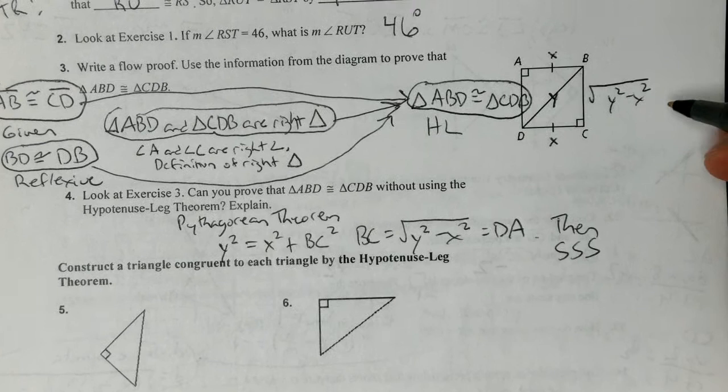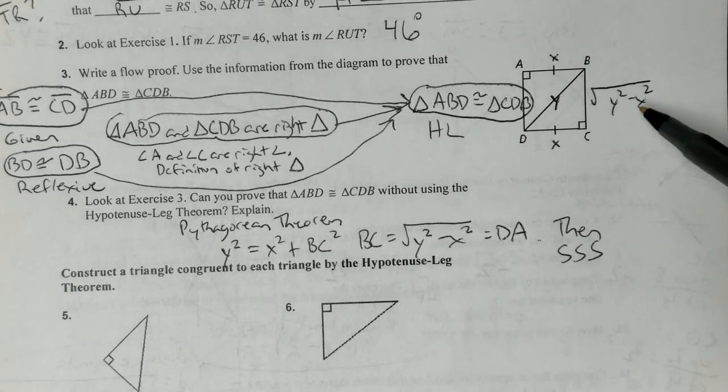So even though we don't actually know numbers for it, we know these would be equal. Any questions about that?